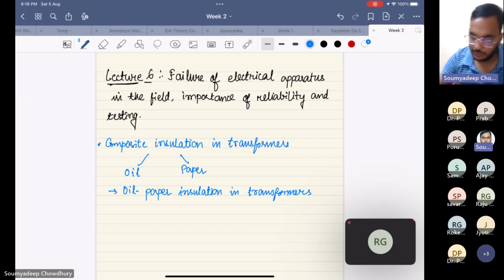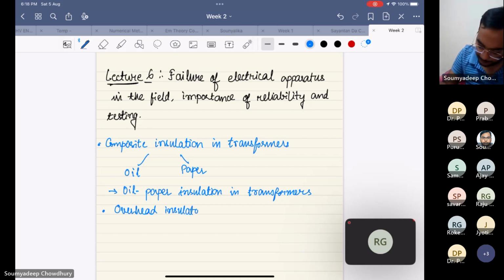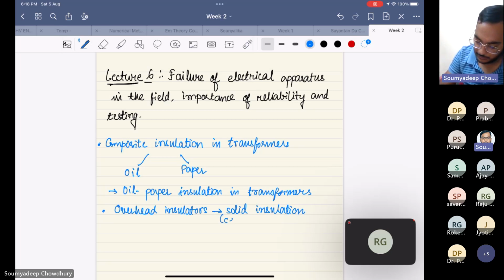Our oil paper insulation in transformers is composite insulation, and in our overhead insulators, we have the solid insulation. This is the solid insulation. It can be ceramic or the recent ones, which are known as polymeric insulators.